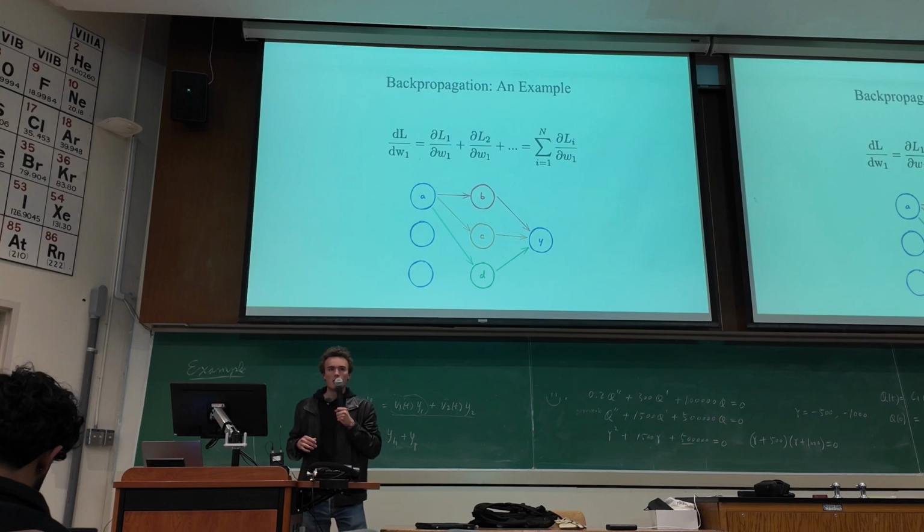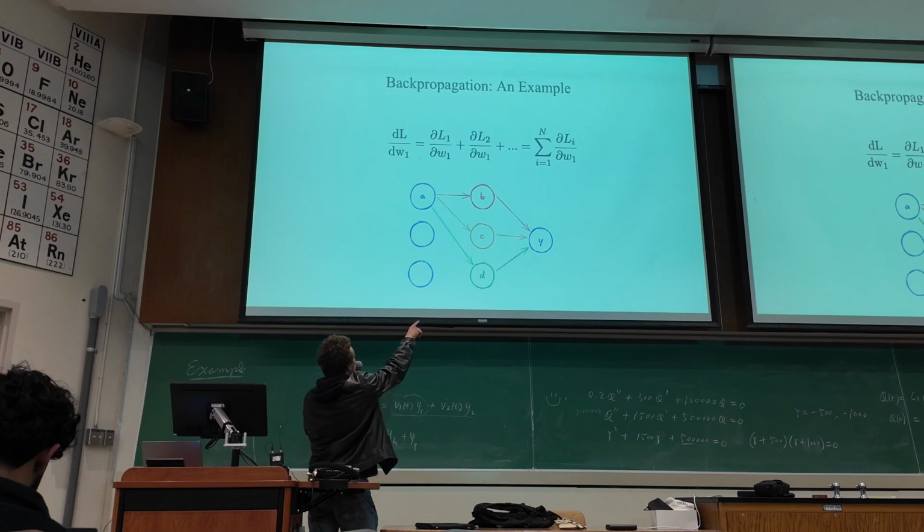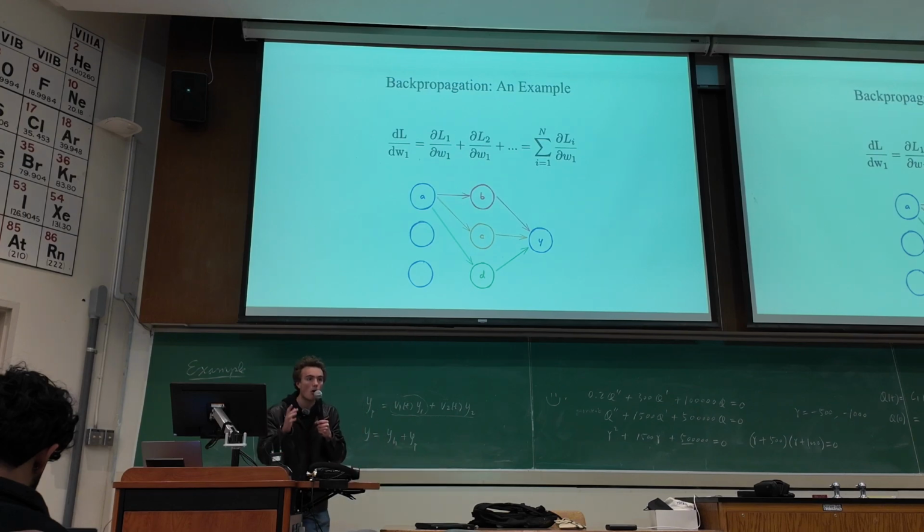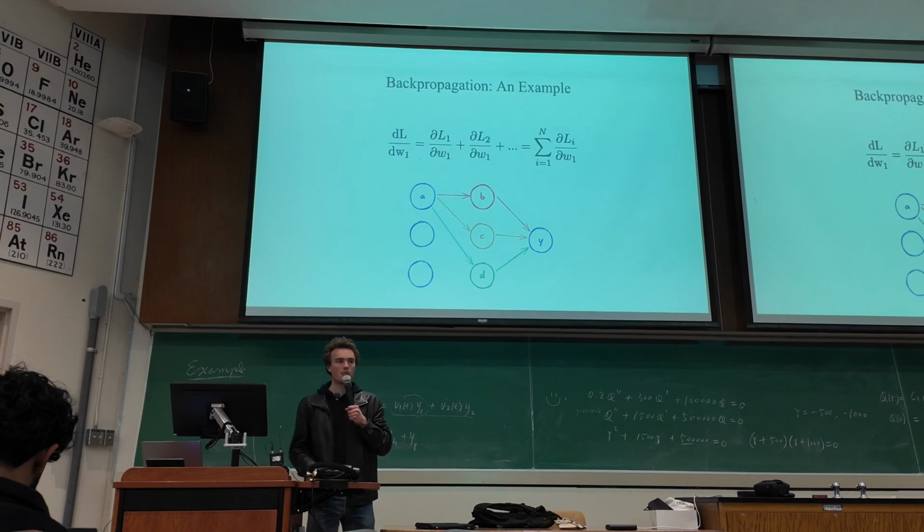So here, we have to calculate more partial derivatives because we need to calculate the partial derivative of the loss with respect to that weight in A, once through how it changes the loss through B, once through how it changes the loss through C, and once through how it changes the loss through D, and then sum all of those up. And then we need to do that through all training examples in our batch.